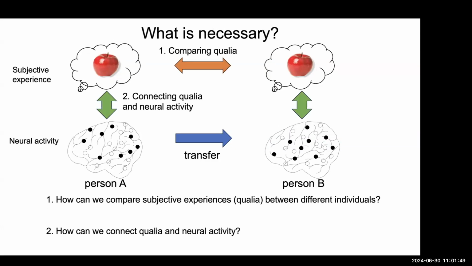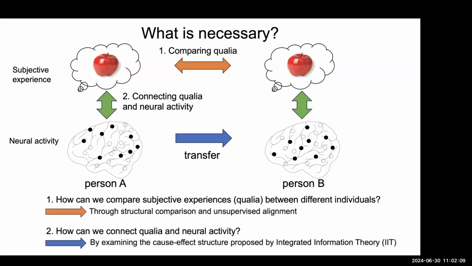So what is necessary for this program? First, how can we compare subjective experiences, Qualia, between different individuals? And second, how can we connect Qualia and neural activity?